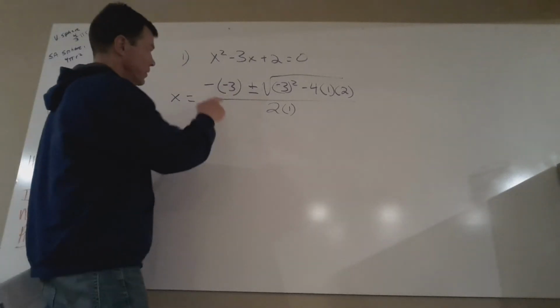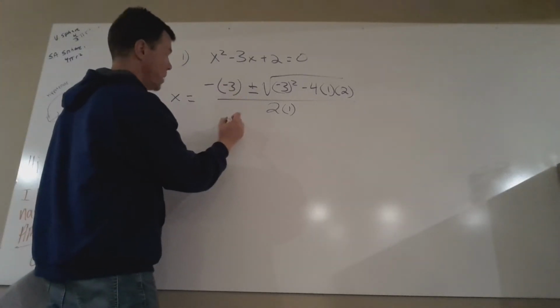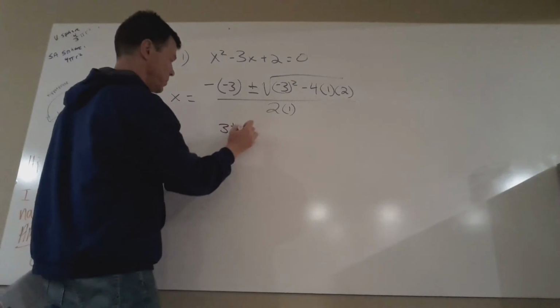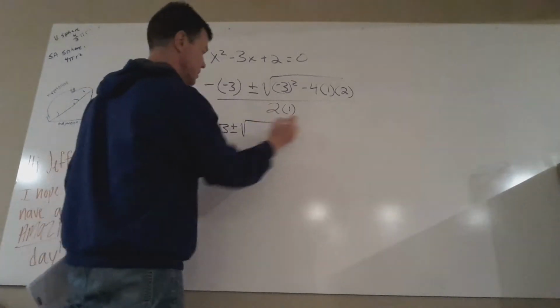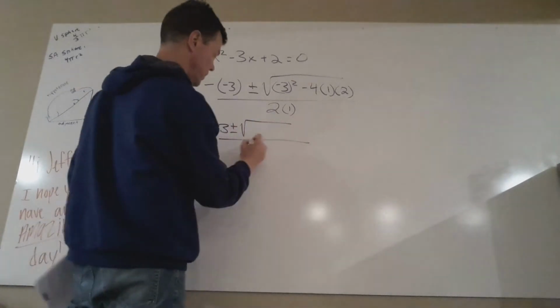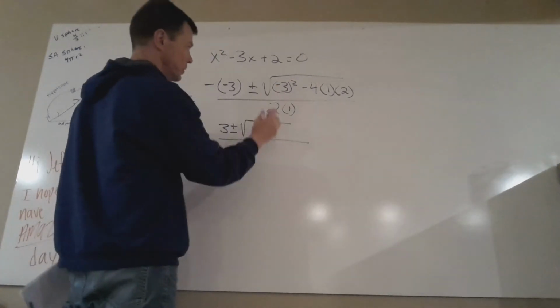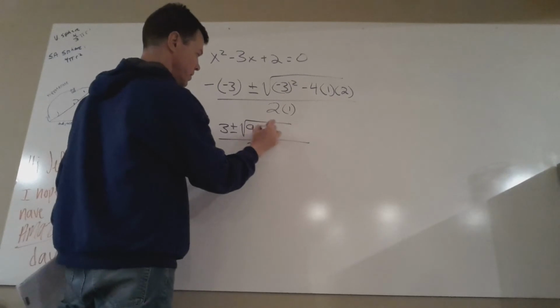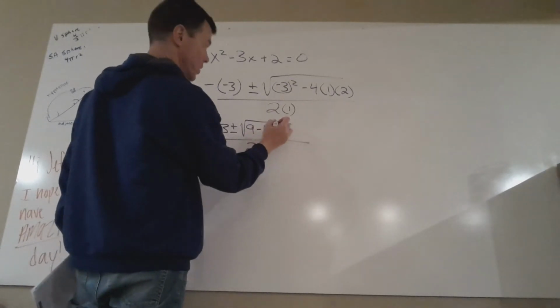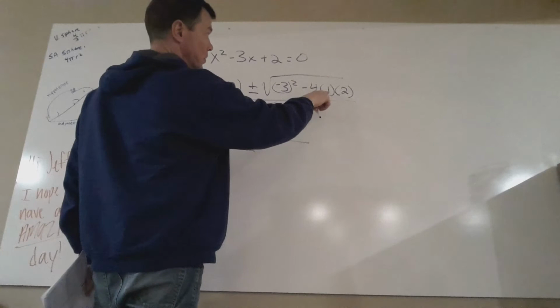The negative in front of negative 3 just turns that into a positive 3. So 3 plus or minus the square root of all this stuff, all over 2 times 1, which is just 2. So negative 3 squared is 9, minus 4 times 1 times 2.